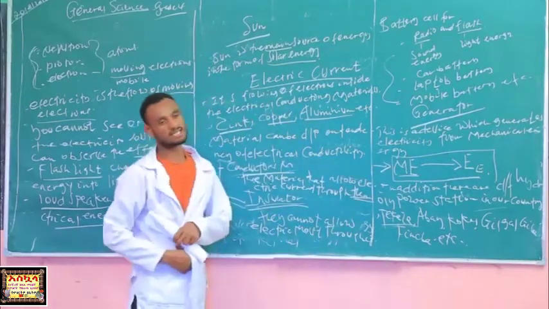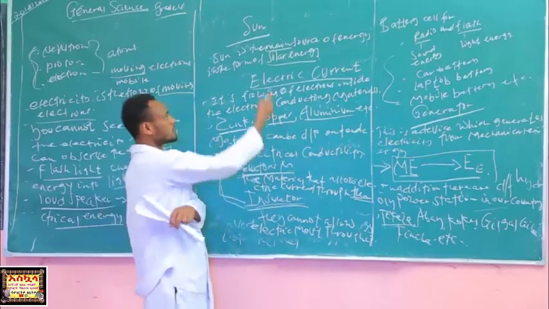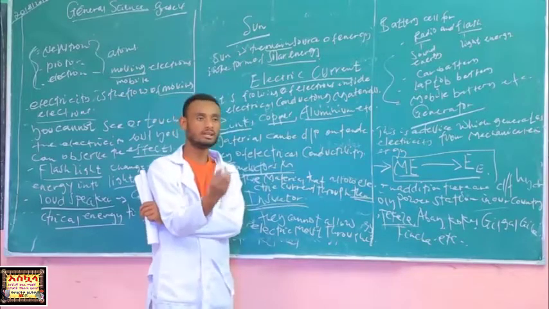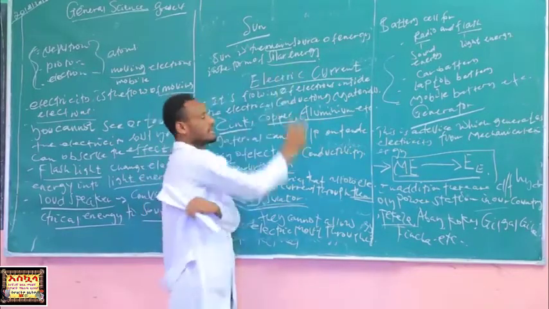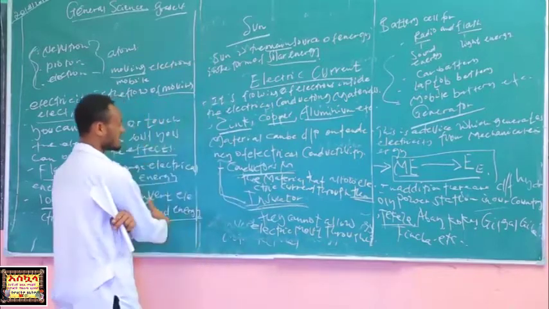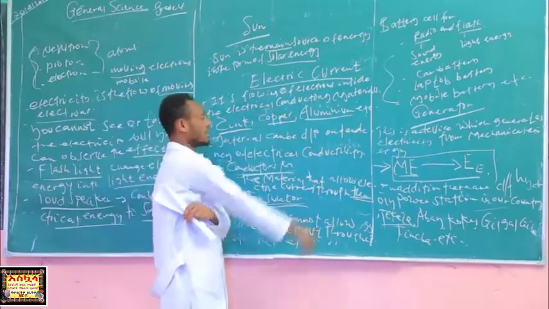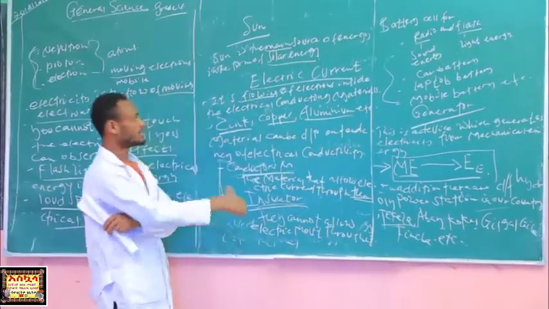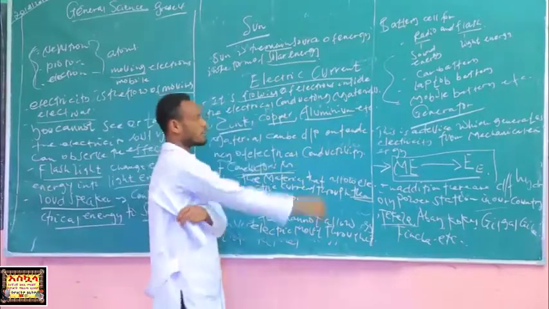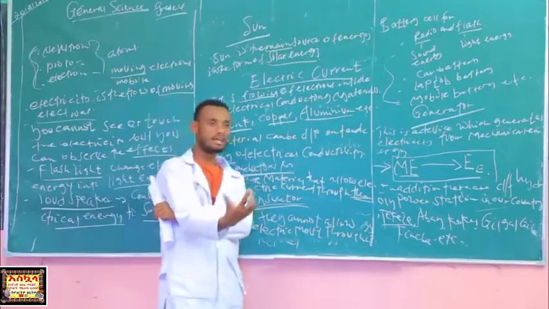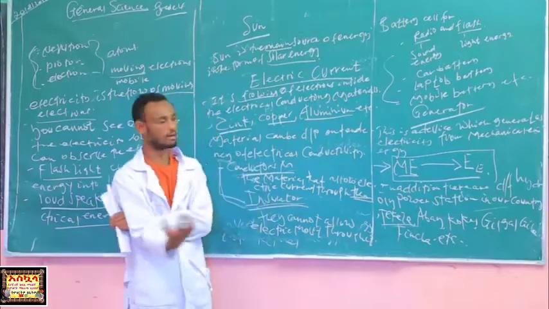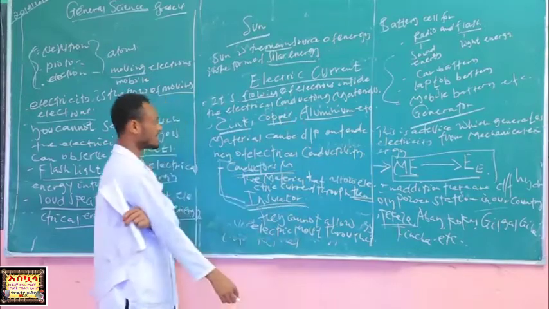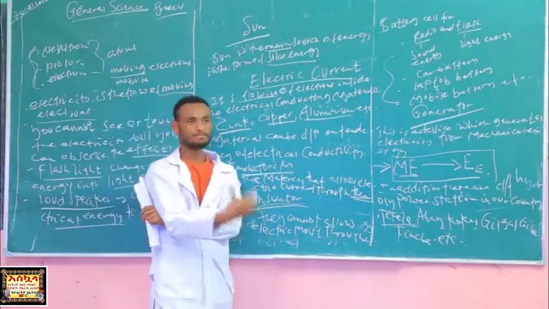The third one is the sun. The sun is the main source of energy, which reaches us in the form of solar energy. We also say electric current. Electric current is the flowing of electrons inside electrical conducting materials. Based on the tendency of conducting, materials can be classified into two.